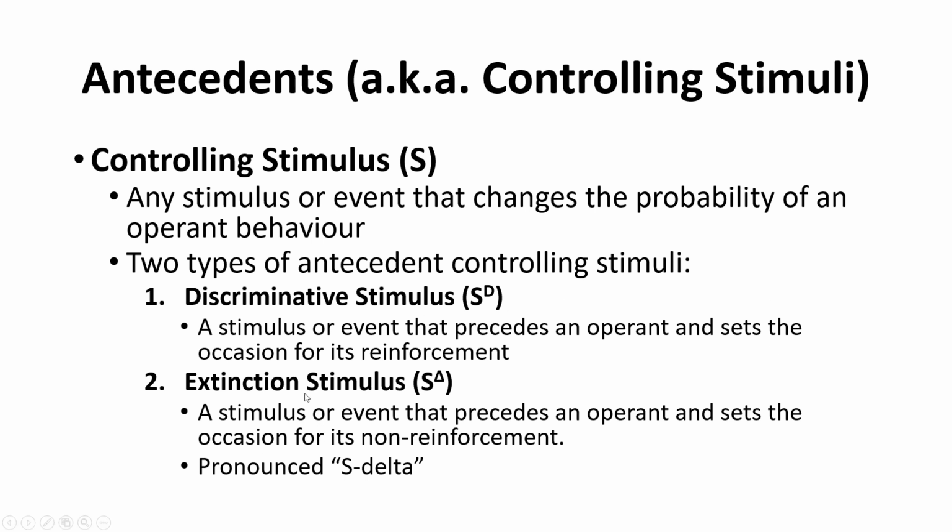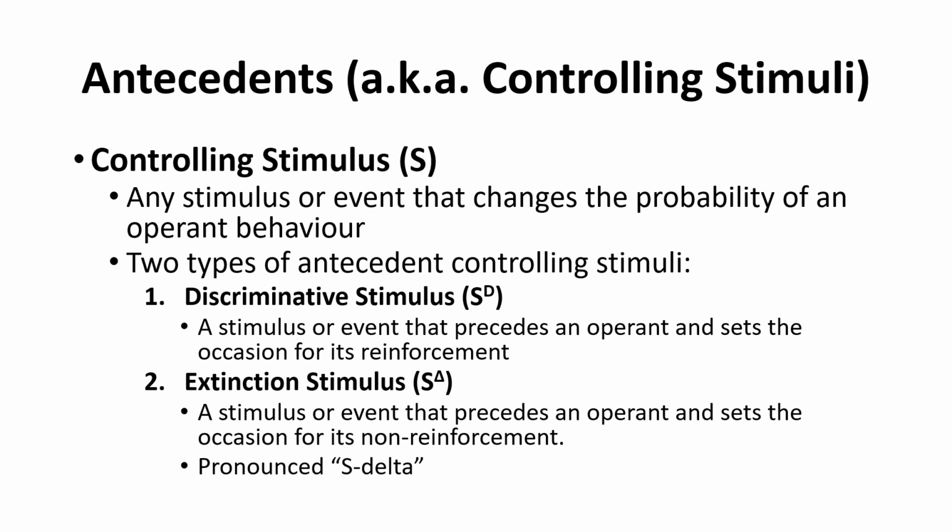Our second option is an extinction stimulus, or an S delta. So this little triangle here is the Greek symbol delta. If you've taken most science courses, you'll have seen it previously, usually used to indicate a change in something. But for us, that S delta is basically a stimulus or event that's preceding an operant and sets the occasion for its non-reinforcement.